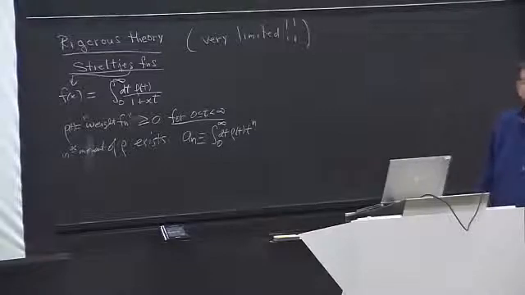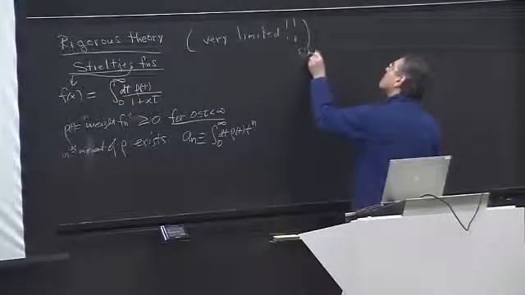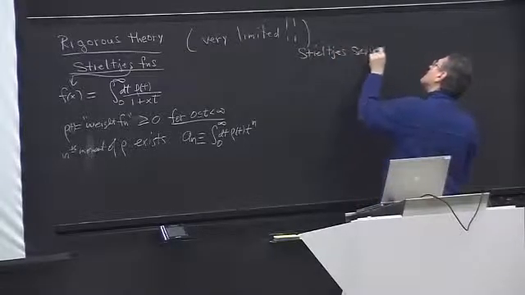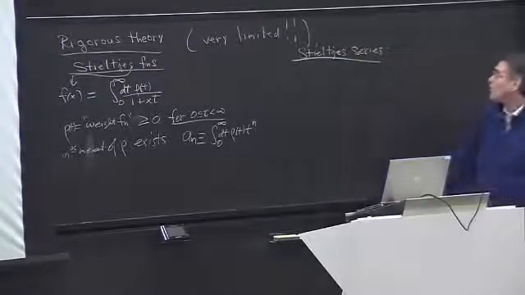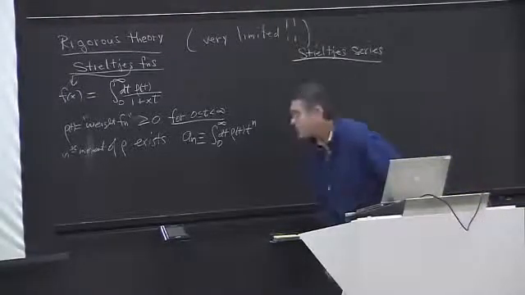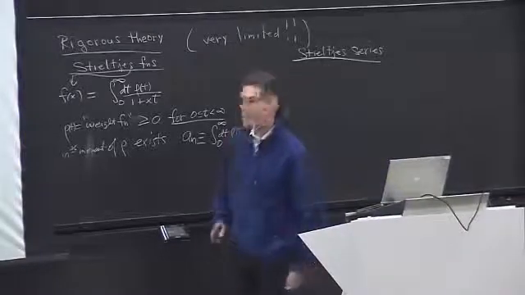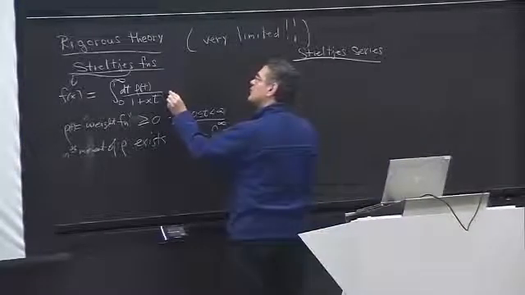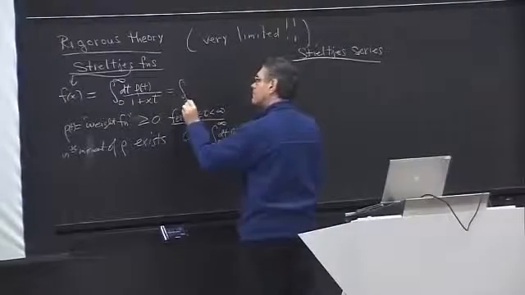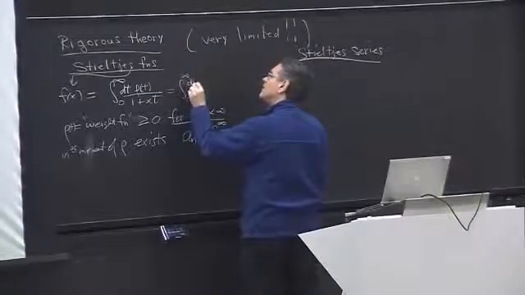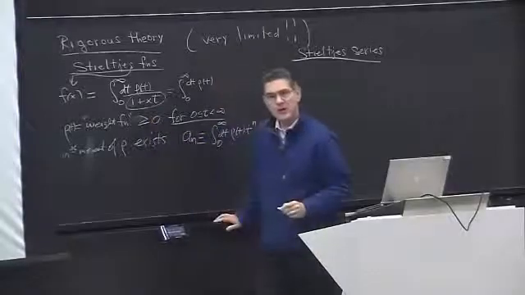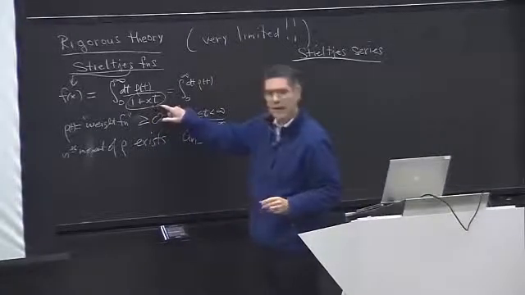Now, there's something called the Stieltjes series. What's a Stieltjes series? To find out, let's do something cute. Let's say this is equal to dt rho of t, and let's expand this into a series for small x.